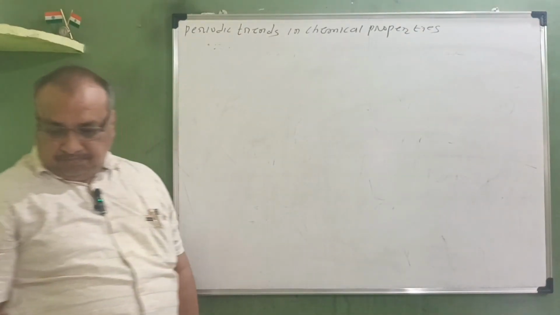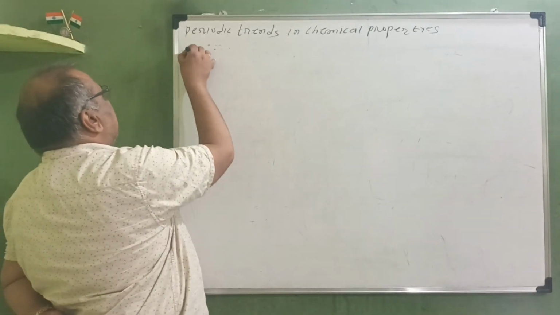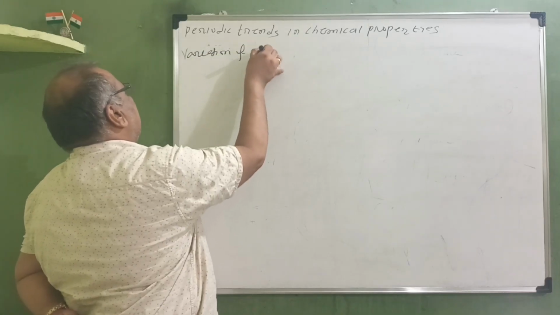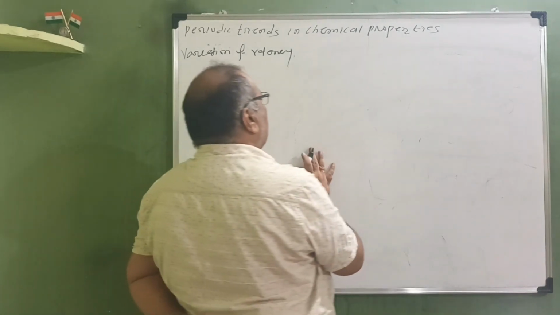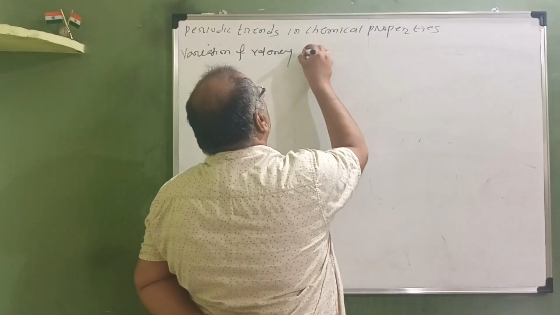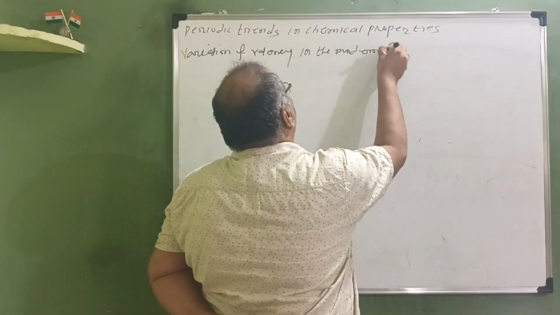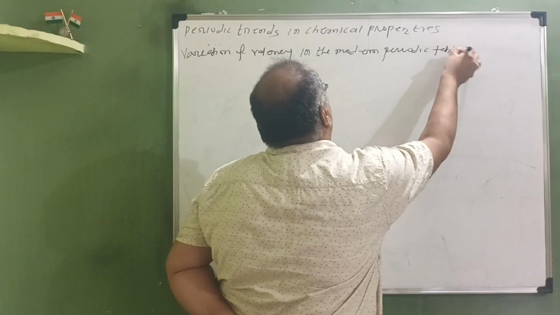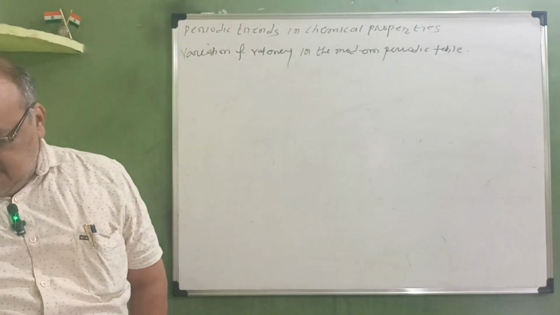Now here write down variation of valency, which is also called as valence, in the modern periodic table. Now here write down number 8.